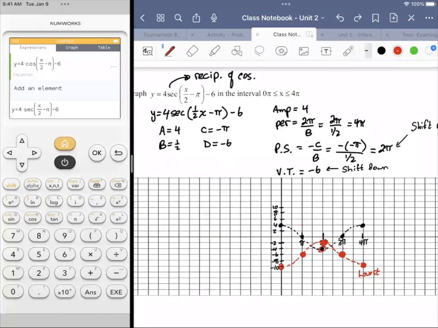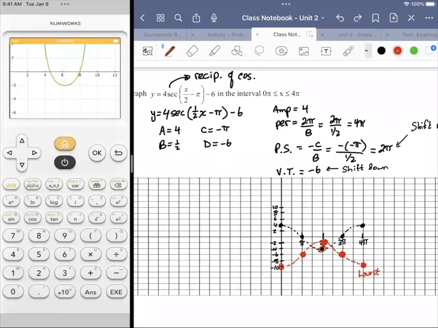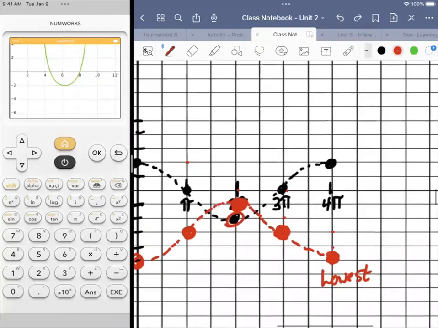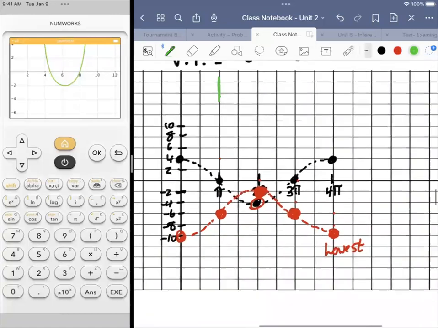If you just type in SEC, it understands it as secant, which is kind of nice. All right. So this is what the graph should look like ultimately. So I'm looking at the reciprocal of what I have here, which is good. All right. Now, going back to that black graph, anywhere there's an x-intercept, there should be a vertical asymptote.